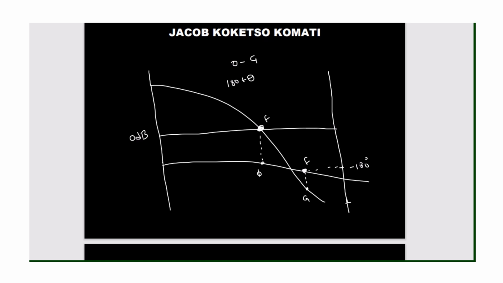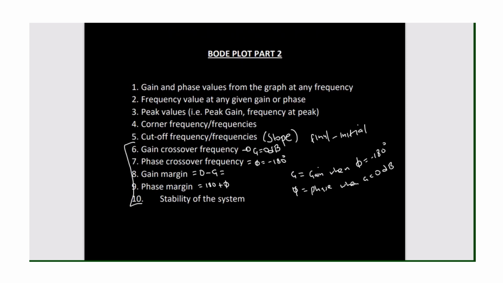So guys, what are margins? A margin is an amount. Gain margin is an amount your gain can be shifted by to cause the system to be stable. The same thing applies with phase: an amount your phase should be shifted by to cause it to be stable. Usually they don't ask that, but never say never.